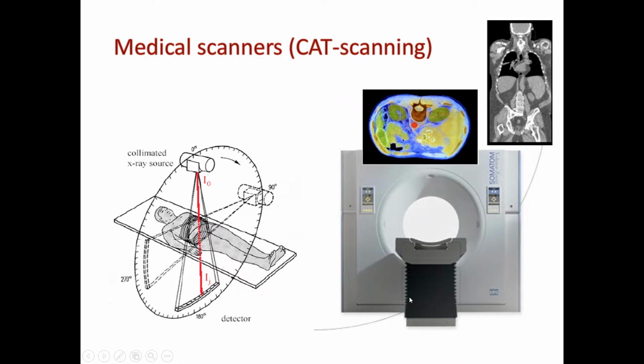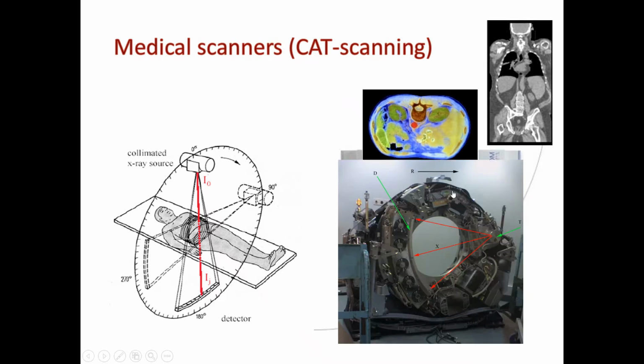For a person, you put them on a horizontal bed and move in and out. This is how it actually looks when you open it up inside. That's the part that is covered up that you don't see, but basically you have this source and detector moving around an object and collecting projections.